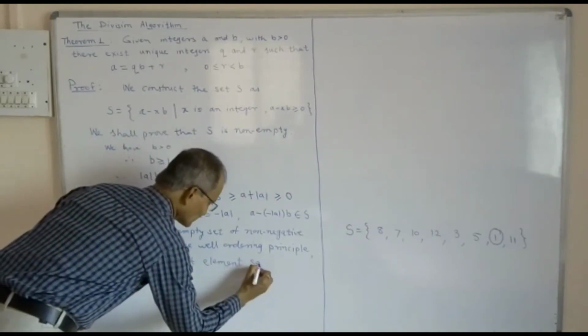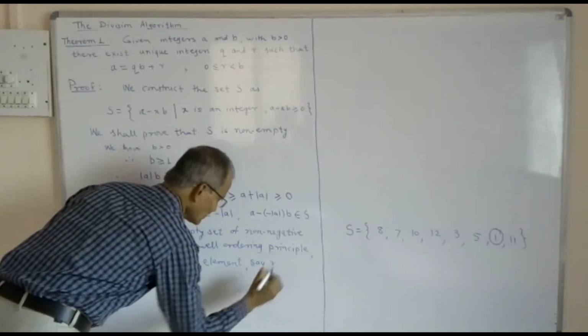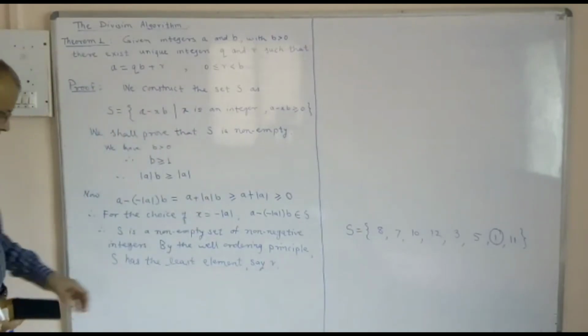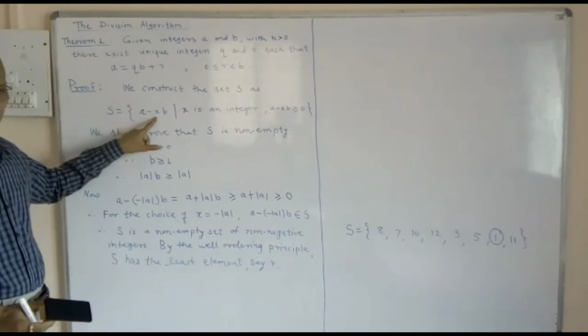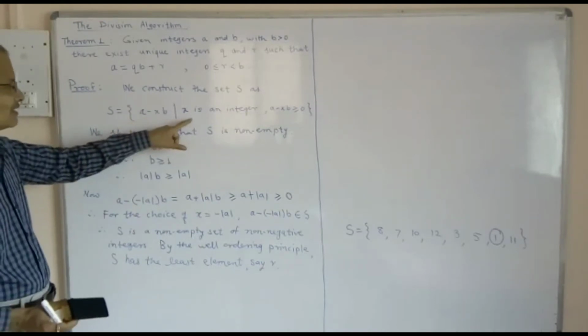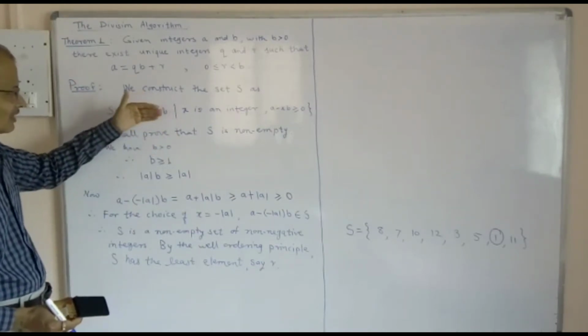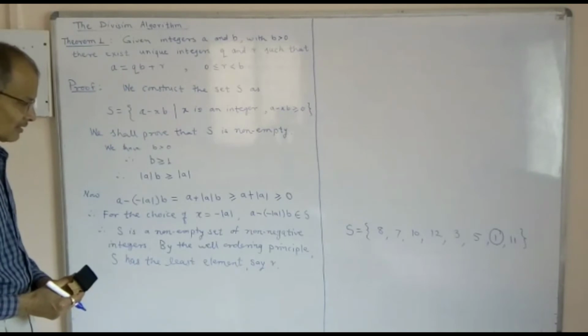Say R. Suppose it is R. Now, if an element of S is R, then R must be of this form A minus xB. X is an integer, so instead of x we may denote the integer by another letter q.